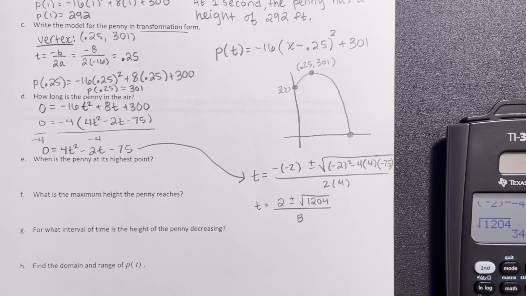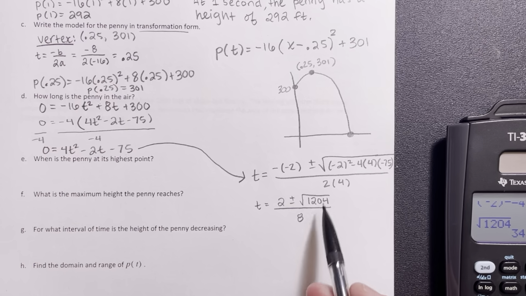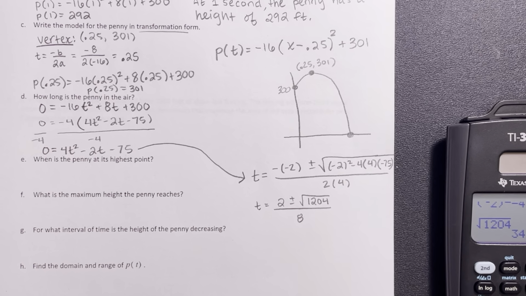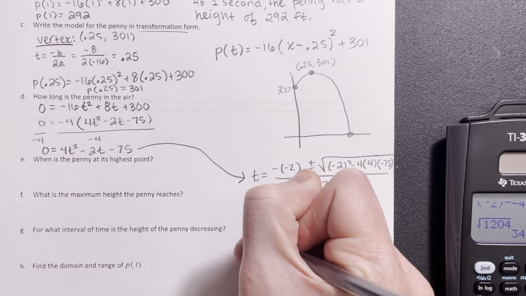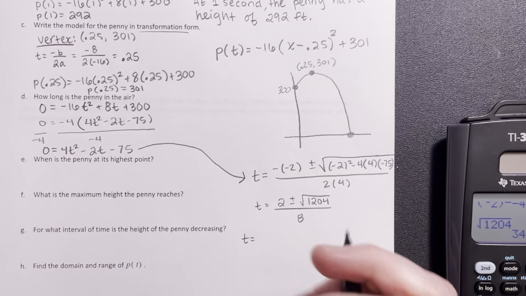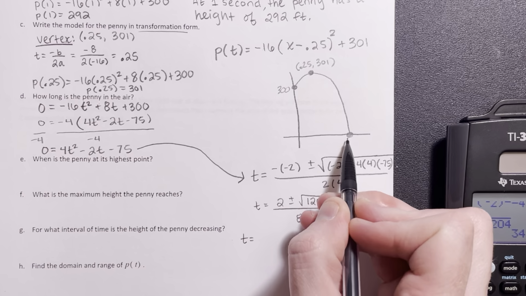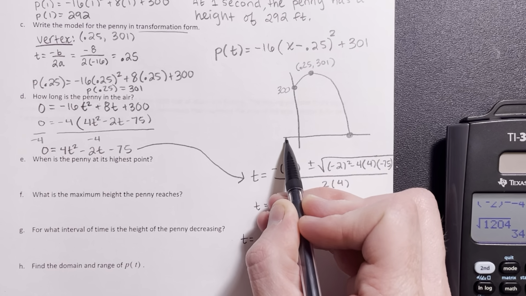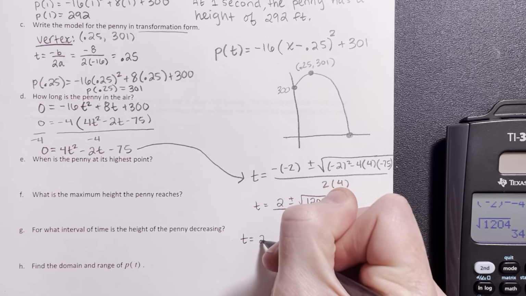The issue is we honestly don't even care about what this exact value is because we have a word problem. So when we're thinking about this word problem, there are 2 times that it's going to hit the ground at, this one and then this other negative value. So I just want to figure out where is this.